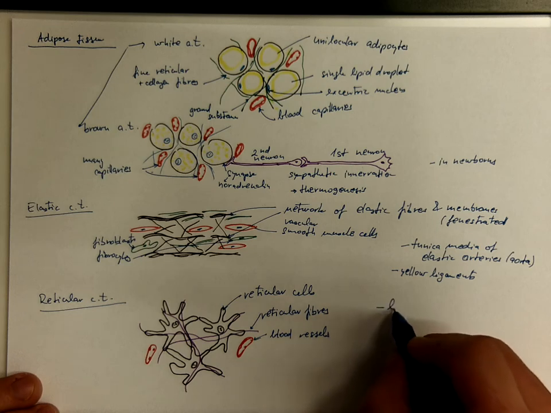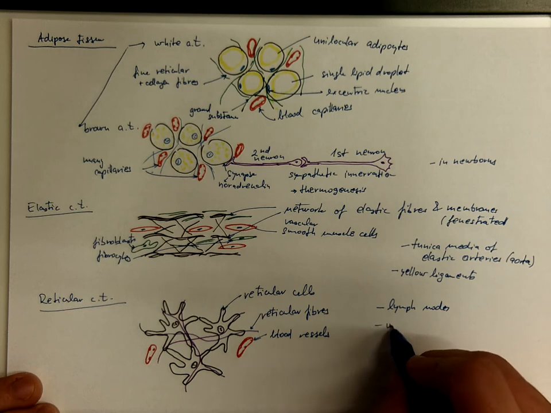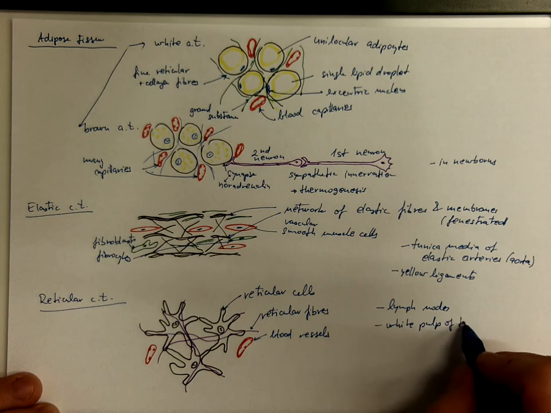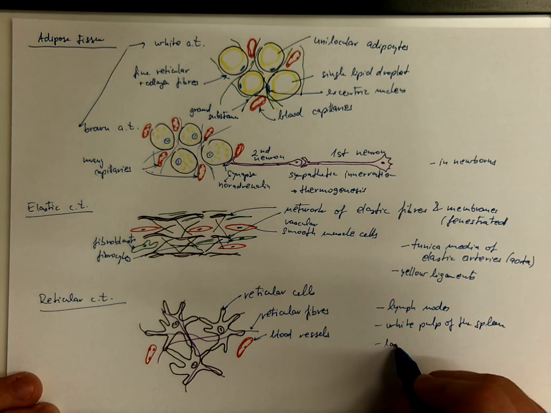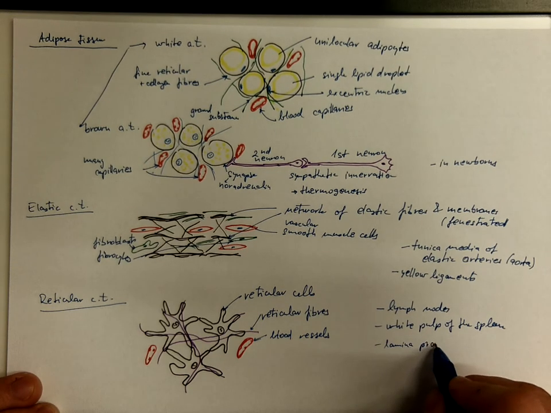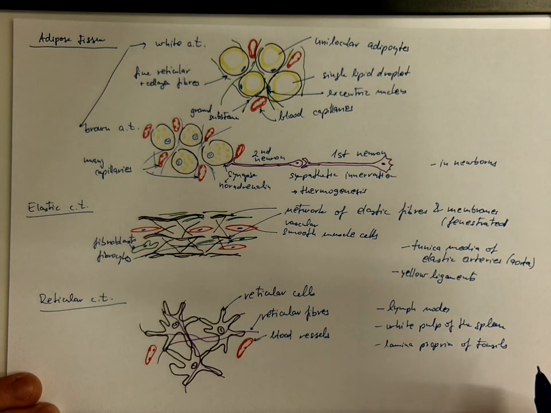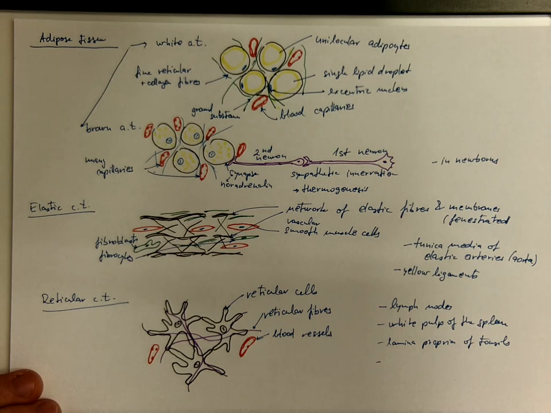and this occurs in lymph nodes, in the white pulp of the spleen, in the lamina propria of tonsils, and this reticular connective tissue is found as a supporting tissue in organs such as lungs, or liver or kidney.